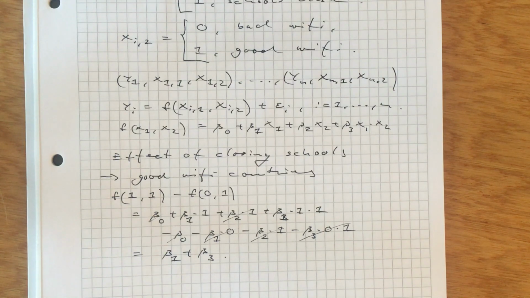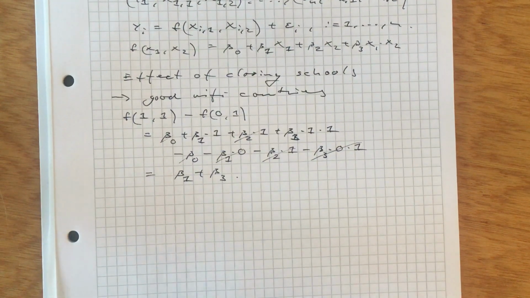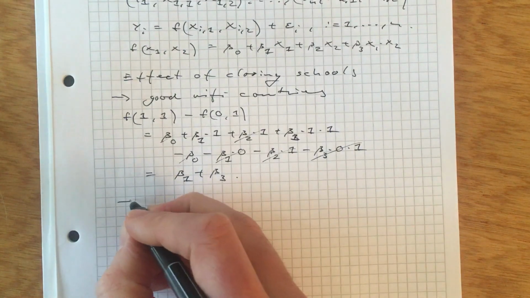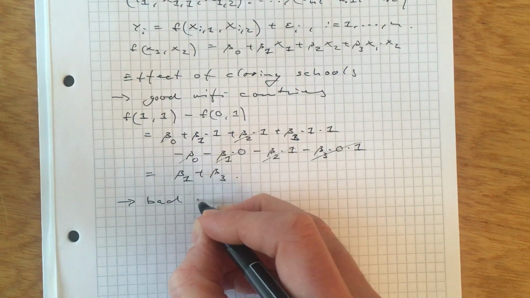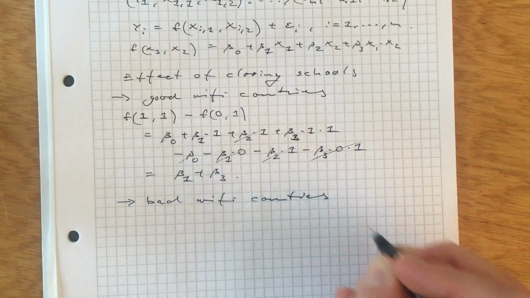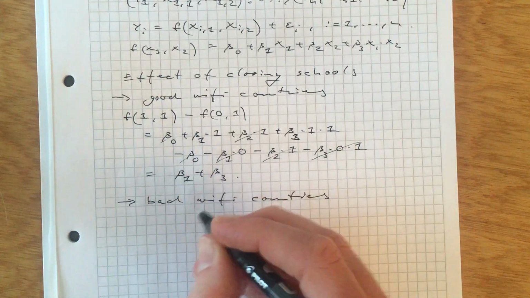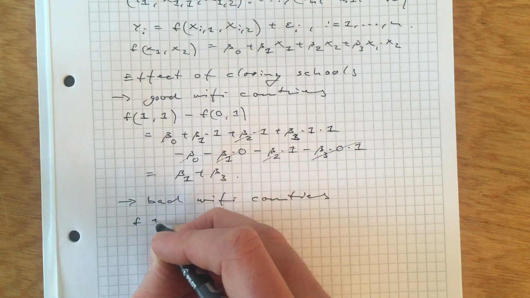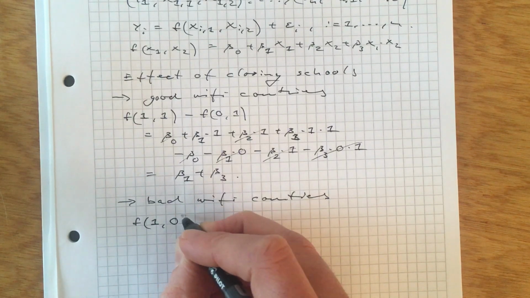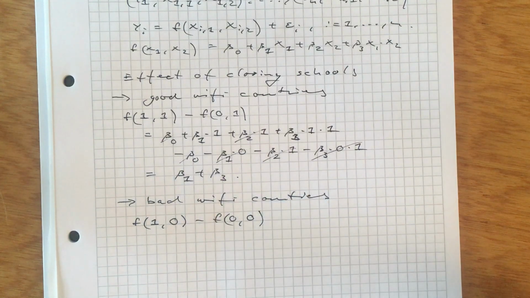Okay, so now we'll do the same thing when we compare closing the schools or not for bad Wi-Fi countries. So that means that we'll look at the function for closing schools, bad Wi-Fi, minus open schools, bad Wi-Fi.